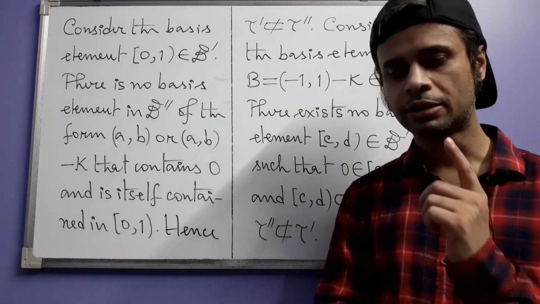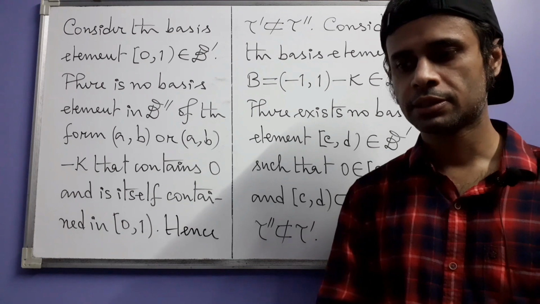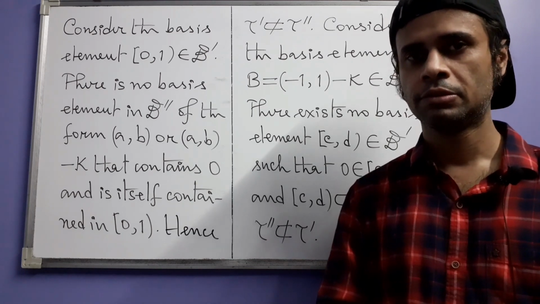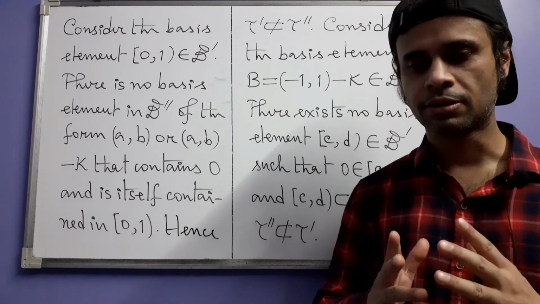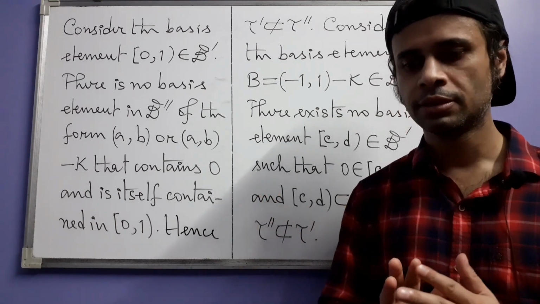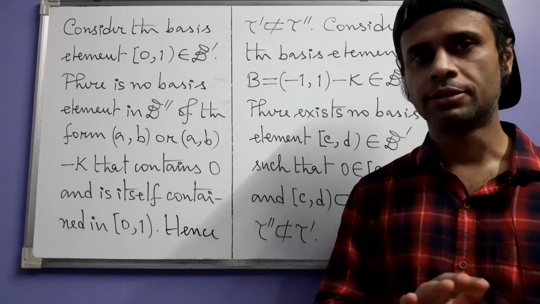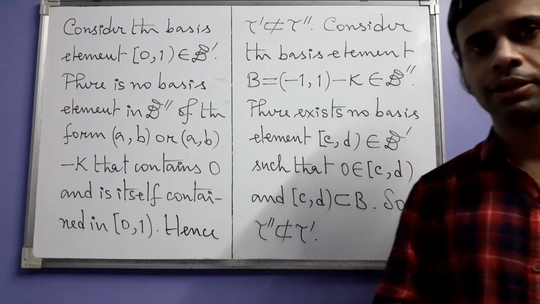And there is one more thing in this section, namely the notion of subbasis. We have seen that due to the vastness of the topologies that we are working with, we needed the notion of basis. We cannot specify all the open sets.